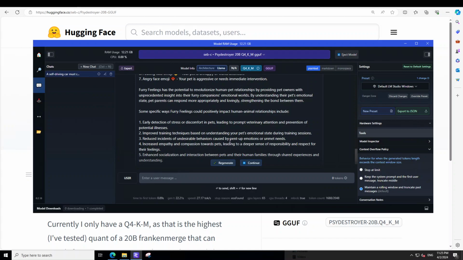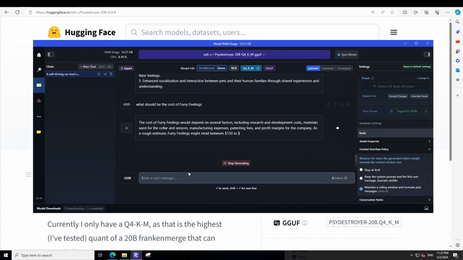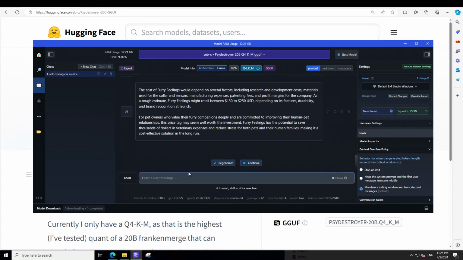And then it is also telling us some specific ways. So let's see what the cost of Furry Feelings should be. See, now it is talking about the cost, and the estimate is 150 to 250 US dollars. Amazing stuff.